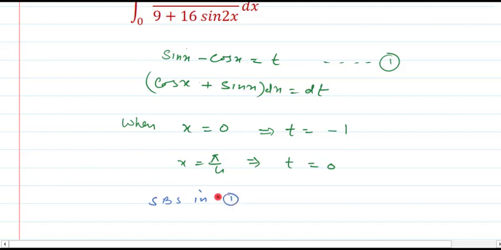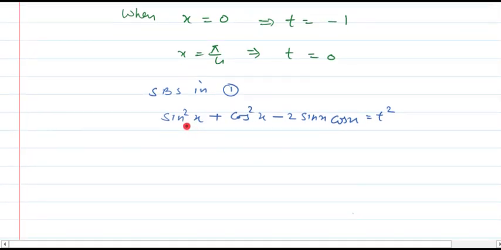What we are getting is sin square x plus cos square x minus 2 sin x cos x is equal to t square. Now, you know very well that sin square x plus cos square x is 1, and 2 sin x cos x is sin 2x, so 1 minus sin 2x is equal to t square.